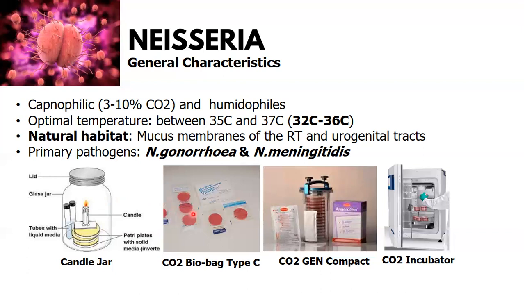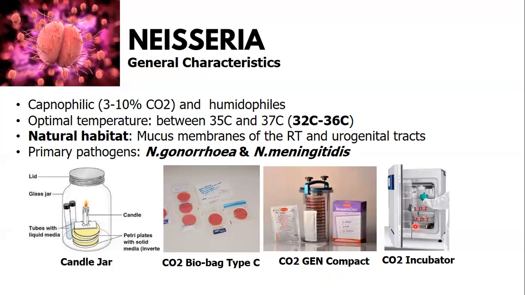Commercial systems are also available that can be used to support the capnophilic environmental requirement for the growth of Neisseria. We have CO2 biobag type C and CO2 Gen Compact. And there is also what we call a carbon dioxide incubator that is capable of maintaining a 3 to 10% CO2.